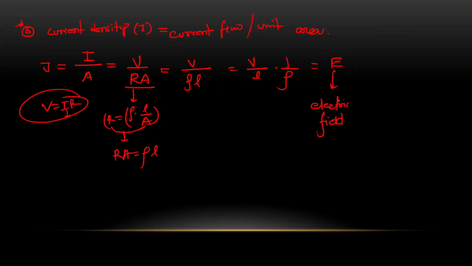This is basically the electric field, voltage per unit length, into 1 by rho, which means basically kappa, isn't it? So the formula is J equal to E kappa, electric field into kappa. So this formula we have derived. So these are three major key points here.